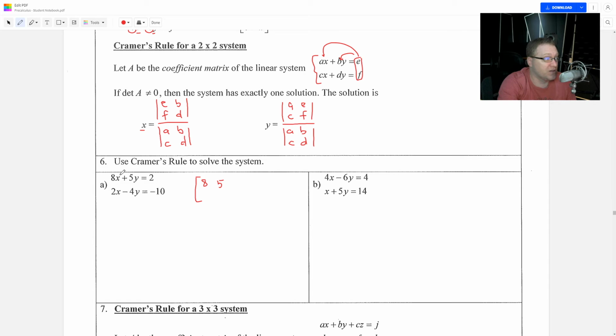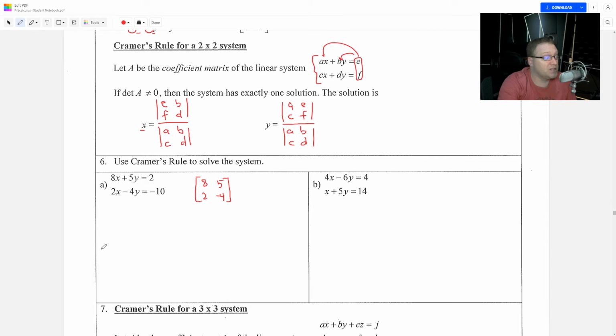It could be written 5y plus 8x, but make sure you put your x's first and your y's second. So we have 8, 5, and then we've got 2, and this is minus 4, so this is a negative 4 for our coefficient.